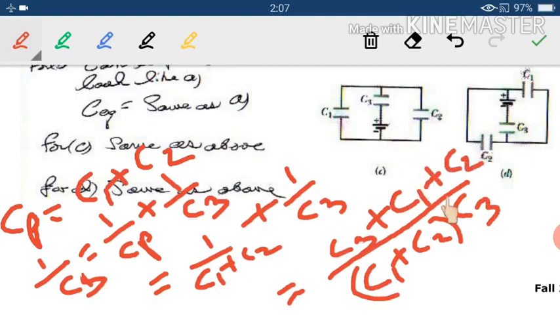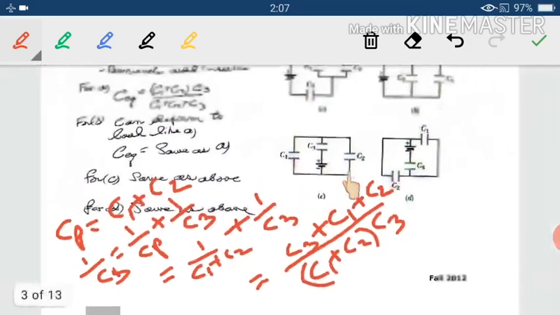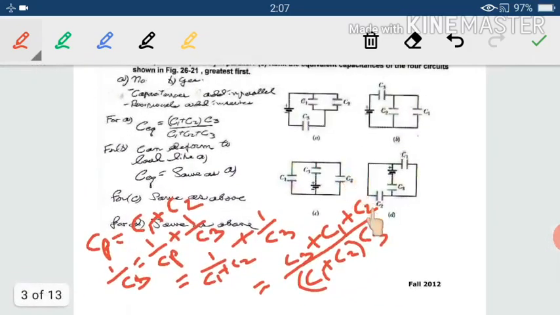So this is 1 upon Cs. So what will be Cs? Cs will be C1 plus C2 into C3 upon C1 plus C2 plus C3. This is written directly over here. So now it is understood that the equivalent capacitance of all these 3 capacitors will be C1 plus C2 into C3 upon C1 plus C2 plus C3.